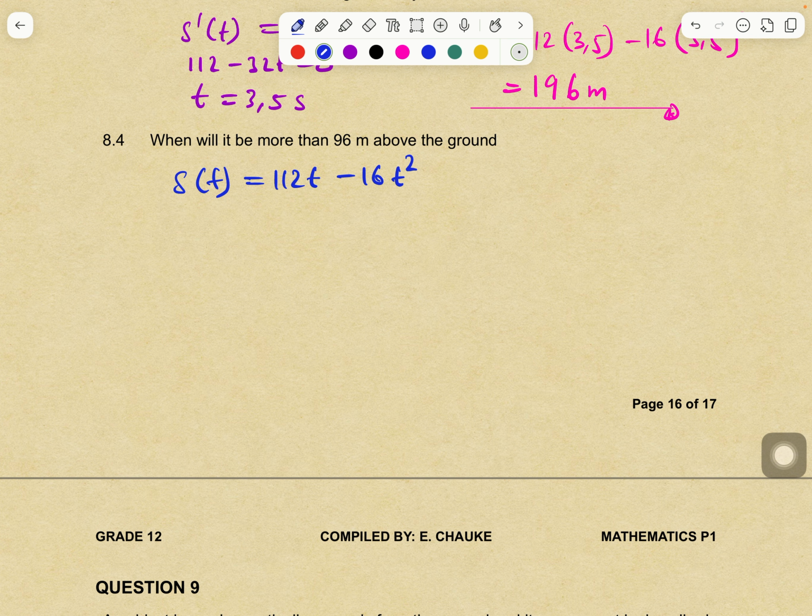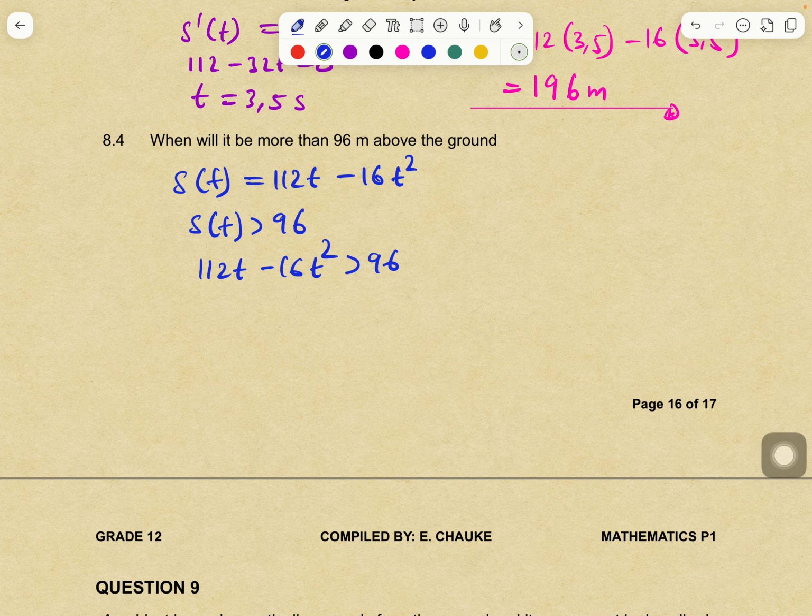More than means greater than, above the ground. So we're looking for s(t) bigger than 96. It's not the velocity, they will have told you. All right, it's not the velocity. So now we say 112t minus 16t squared bigger than 96.